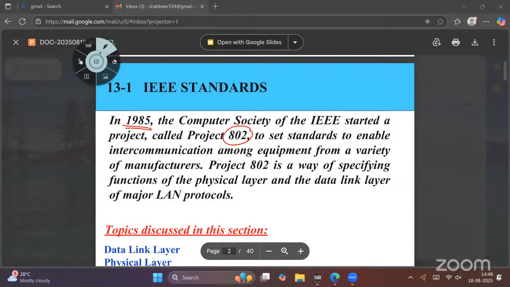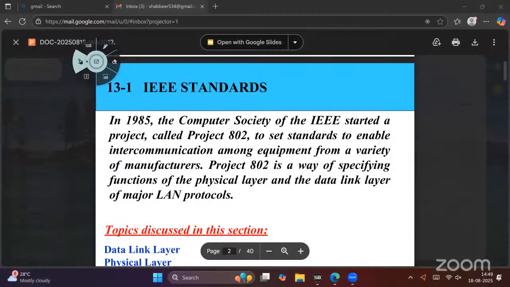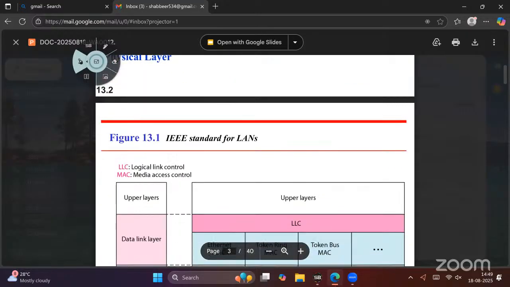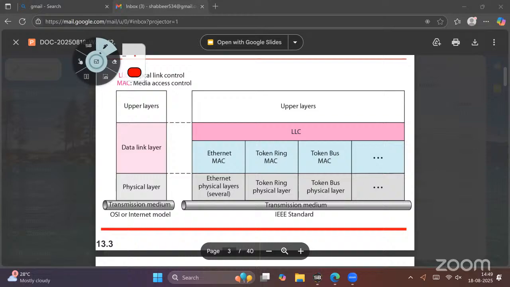It gave standards 802.1, 802.2, 802.3, 802.4 and so on. These work at the data link layer, and below it the physical layer, where we use Ethernet.